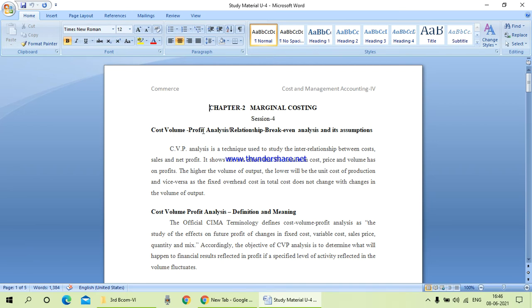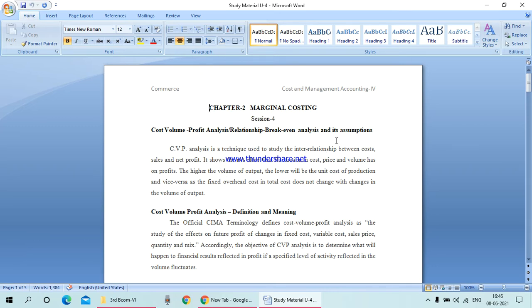Cost volume profit analysis or relationship, then break-even analysis and its assumptions. Cost volume profit analysis, popularly known as CVP analysis, is a technique used to study the interrelationship between costs, sales and net profit.